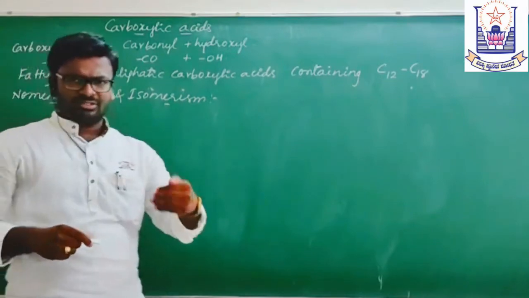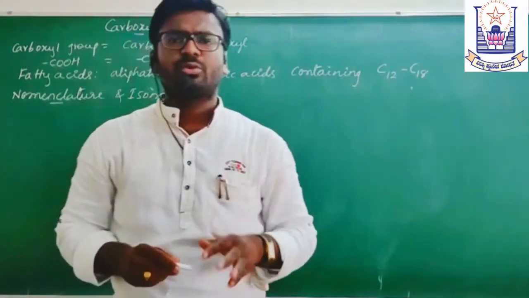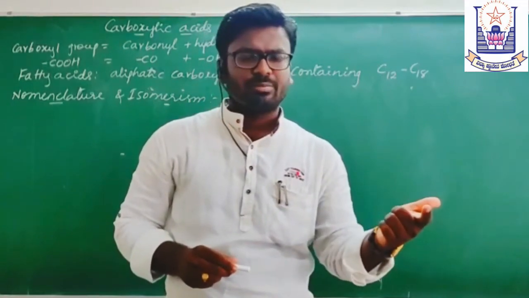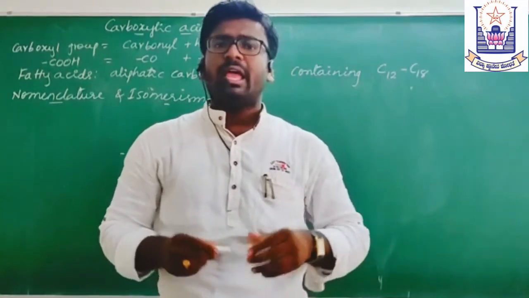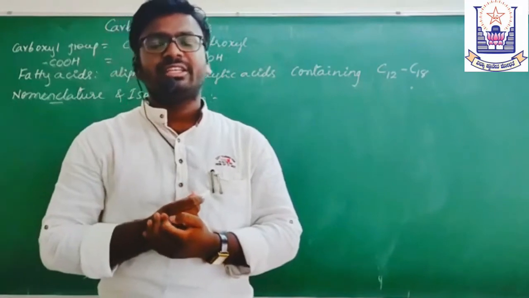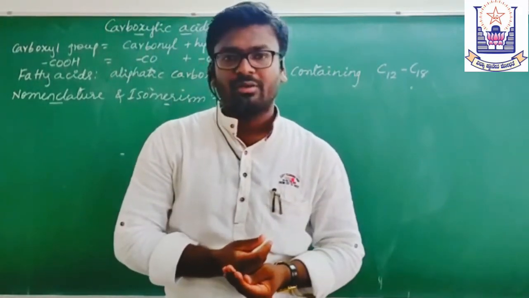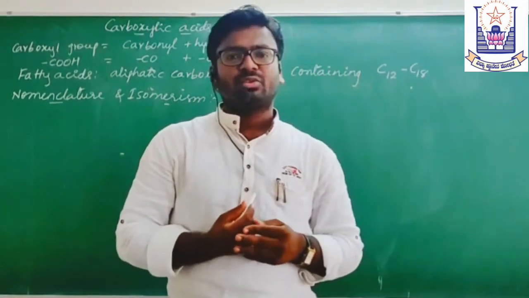Generally, the first few compounds do not show isomerism, like chain isomerism, position isomerism or functional group isomerism. As the number of carbon atoms in the chain increases, alternate arrangements are possible. Then it shows isomerism.